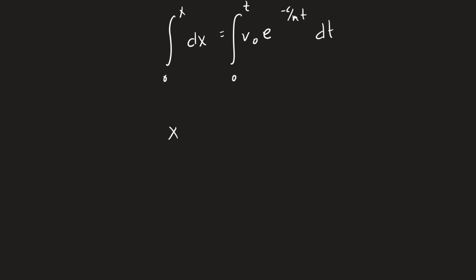Left side, I'm going to x minus 0. Right side, well, I'm going to u sub, which means I'm going to put u equals negative c over m t. I'm going to take the derivative of that and find that du with respect to t is negative c over m. So dt equals negative m over c du.